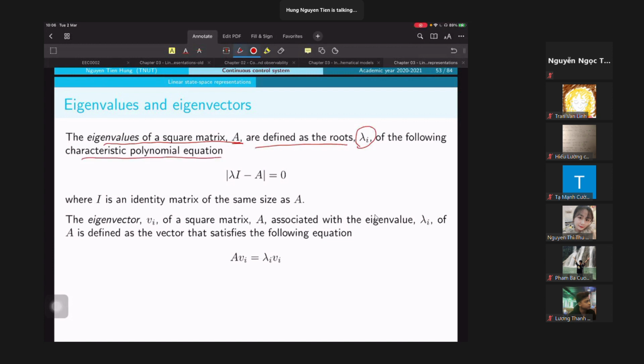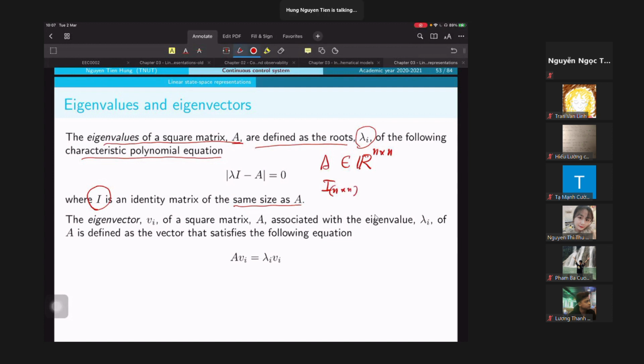So we have the determinant of lambda I minus A equals 0. Here I is the identity matrix, with the same size as A. You can represent A, for example, in a real space with all real numbers, and then the identity matrix should be I_n, the same size, n by n.